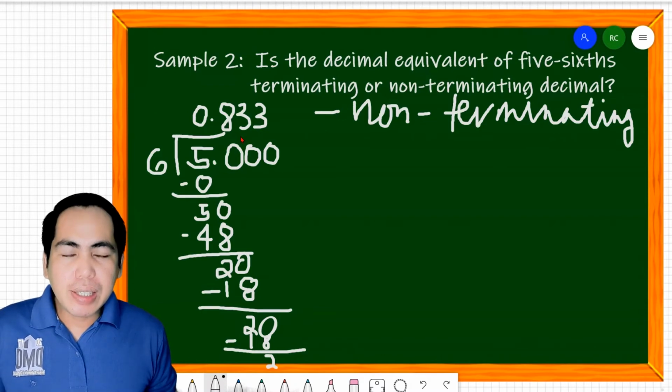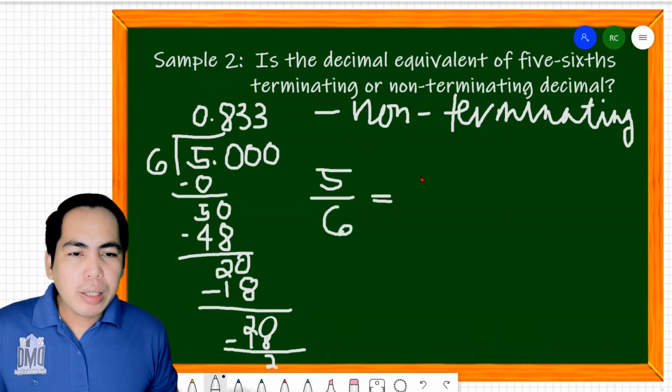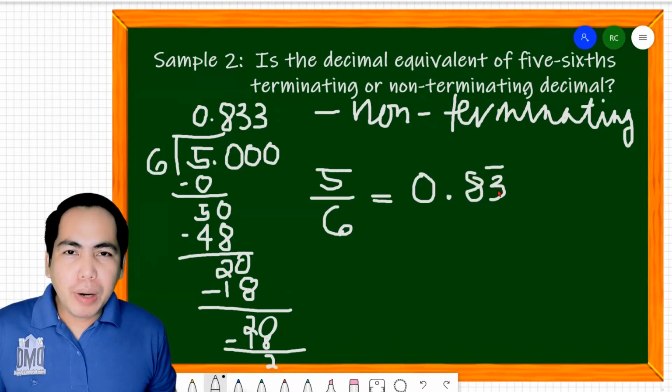And since the digit 3 is repeated endlessly, the decimal equivalent of 5/6 is a repeating or recurring decimal, and the digit that is being repeated is 3. That's why we can write the equivalent of 5/6 in decimal form as 0.83, with a bar above the 3 to tell us that the digit 3 is a repeating digit.